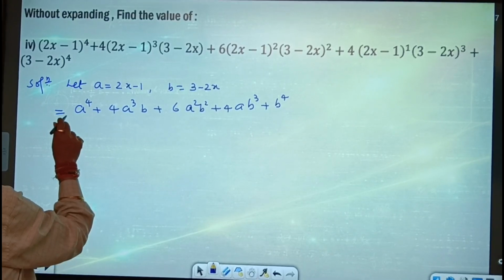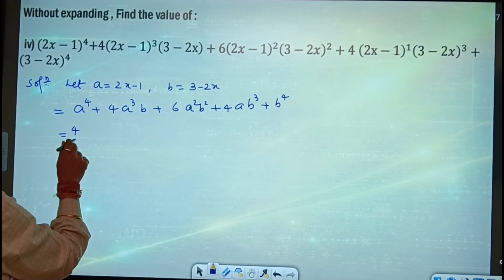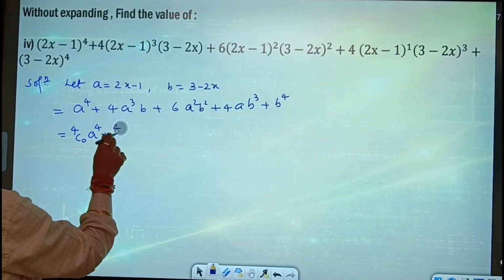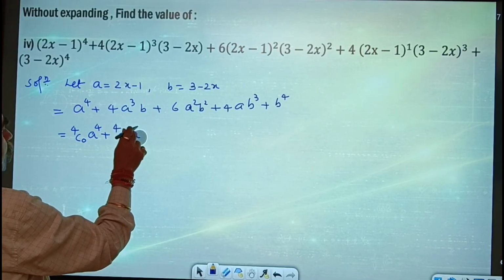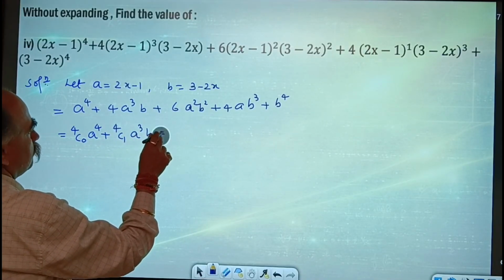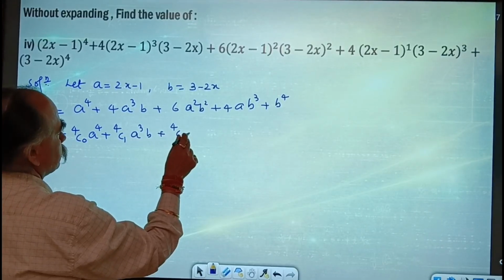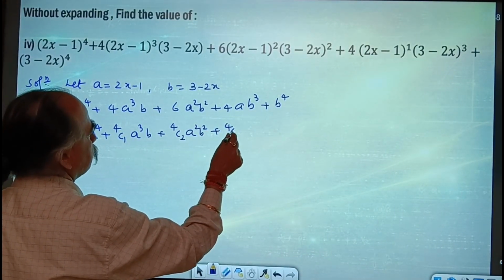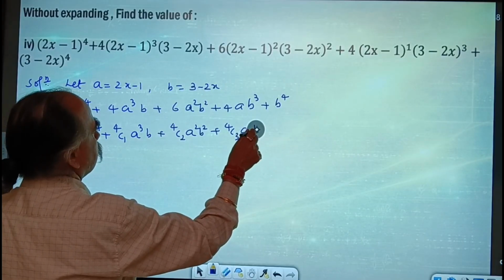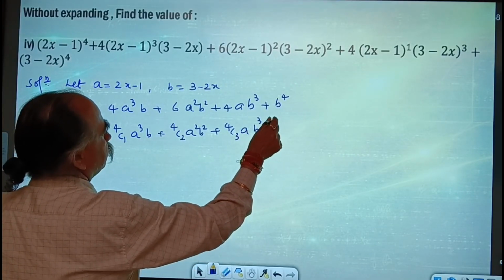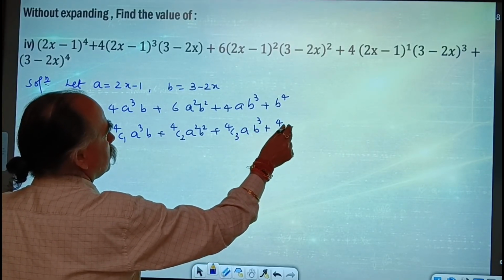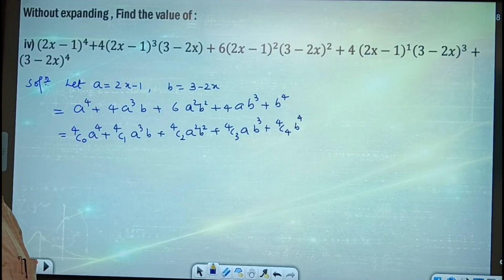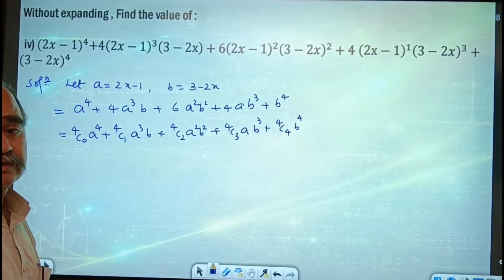And 1 can be written as 4C0, 4 can be written as 4C1, plus 4C2, 4C3, 4C4, B raised to 4. And this entire thing is what?